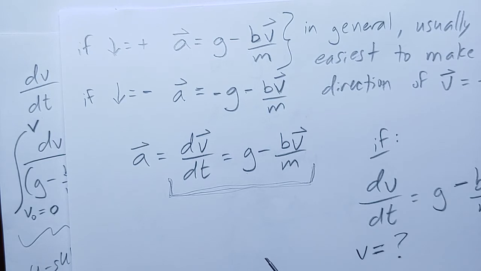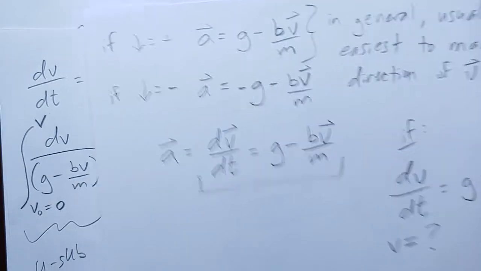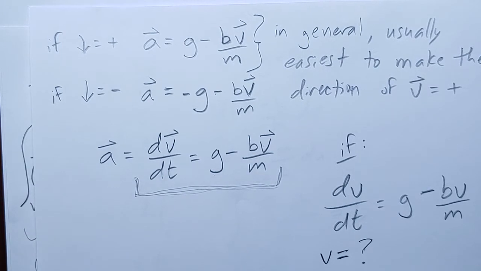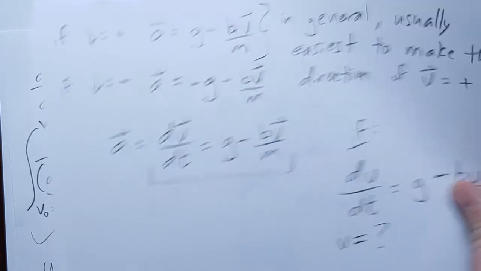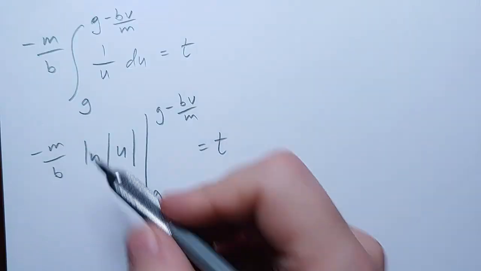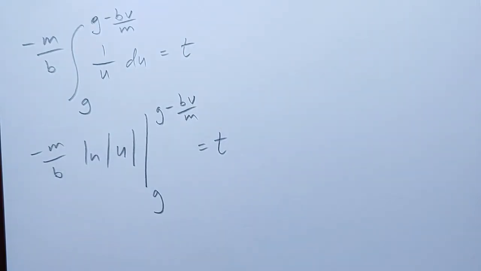The acceleration is g minus bv over m, and so our u value is the acceleration, and our acceleration for the entire problem is either going to be 0 or downwards, which we said is positive. And so the absolute value of u is the absolute value of our acceleration, but since our acceleration is always positive, we can just do the natural log of u. We don't need to worry about the absolute value signs, and so that's going to make things a little bit easier.